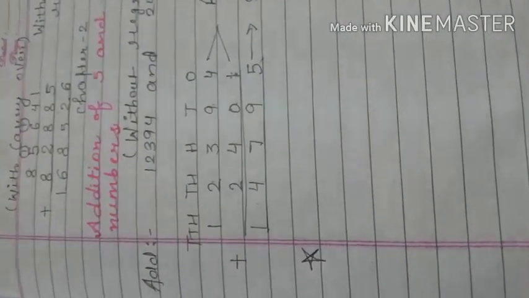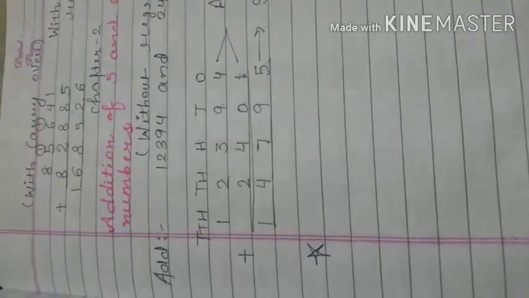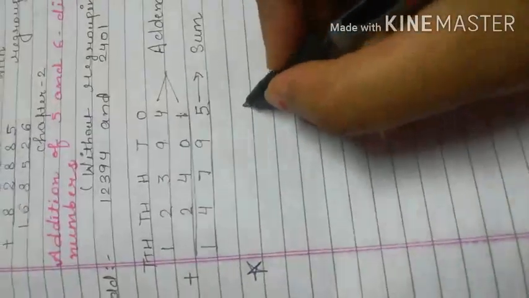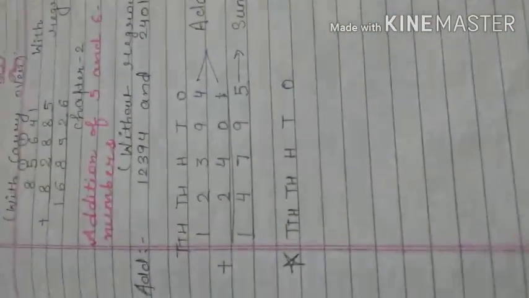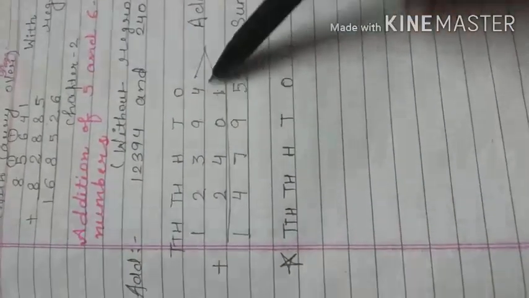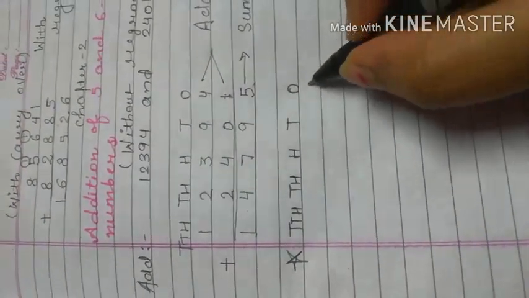So let us quickly change the order of the addends by placing them in places like we have added. Now previously we have written this on the lower side. Now we will write it on the upper side.